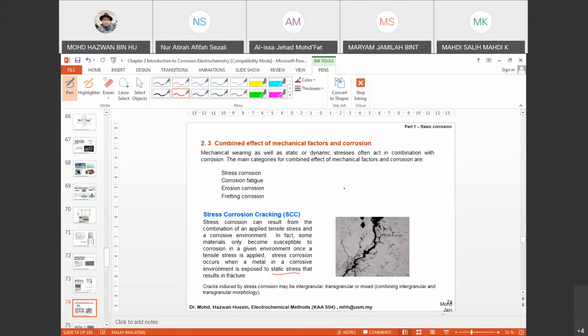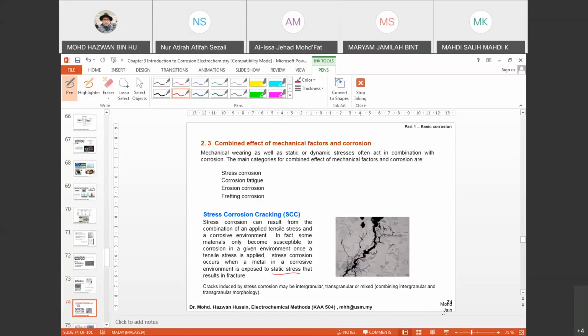Meaning that the load applied to this material will always be constant. So when you have a static stress applied to the material and also corrosion, what happens is that the grain boundaries will start to crack and it will actually form corrosion.